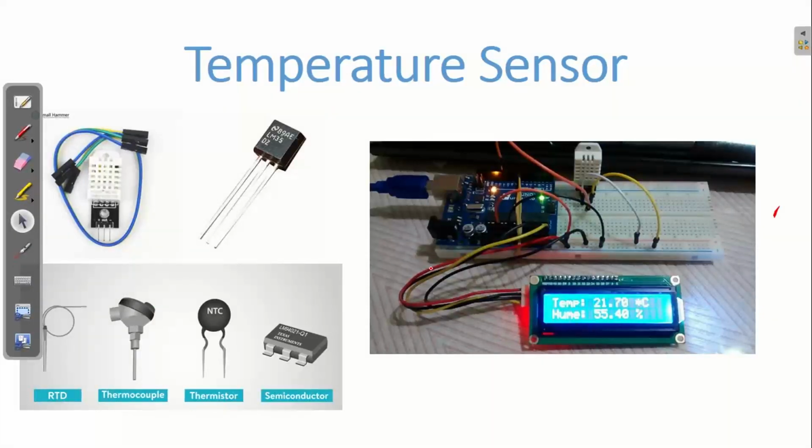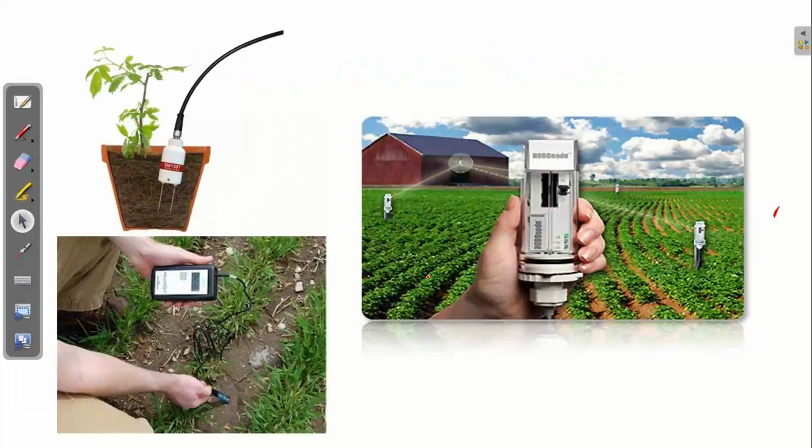Now let's move towards the next part, and let's see the application. I've just taken it from the internet to show you how people are using it nowadays. This is the industrial level implementation of the soil moisture sensor.